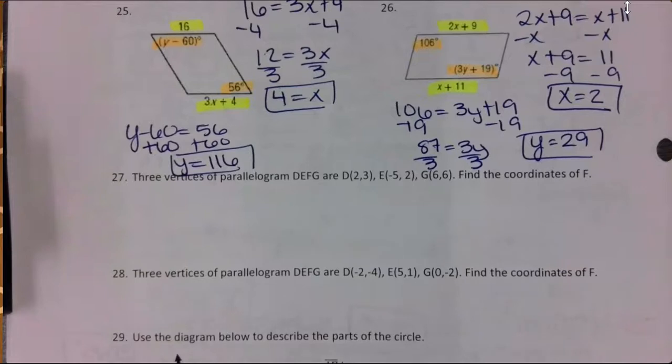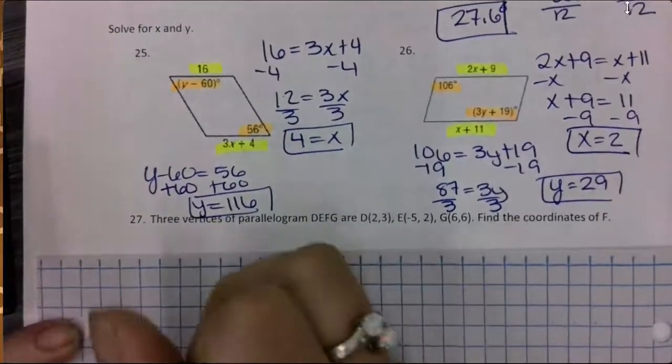Number 27 tells me that the three vertices of parallelogram DEF are 2, 3, negative 5, 2, 6, 6. Wants me to find the coordinates of F. So I'm going to go grab a piece of graph paper and then graph these points. Shouldn't have covered up my points.